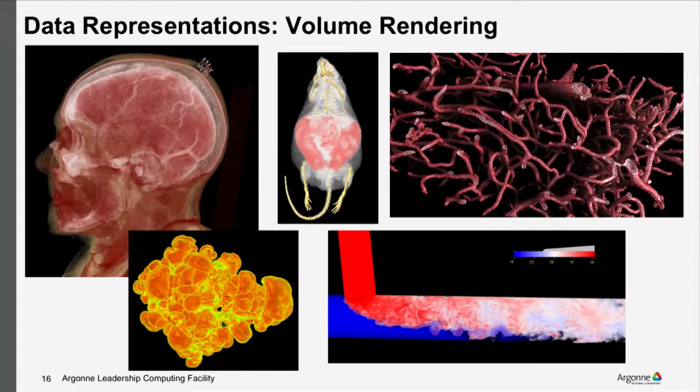So for example, in our little mouse friend up here, we know that there's a specific range of values in this density X-ray data that represents bone, and a different set of values that represents muscle or other tissue types. And so then you can set the color and transparency levels for those different materials based on their values.